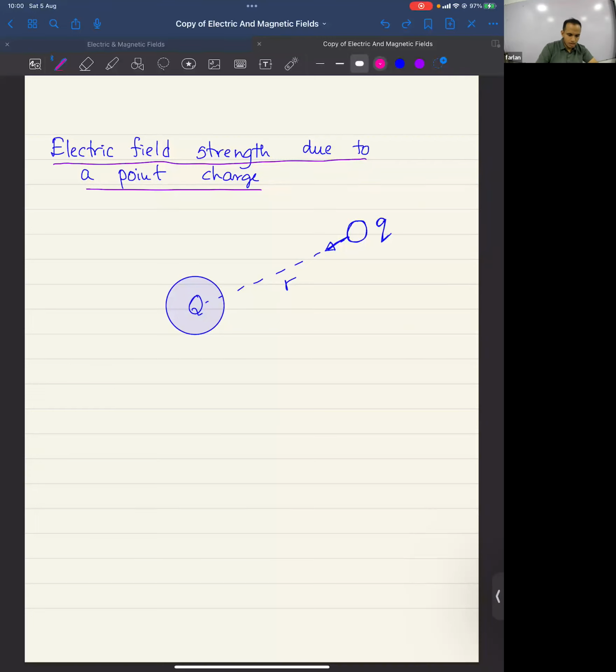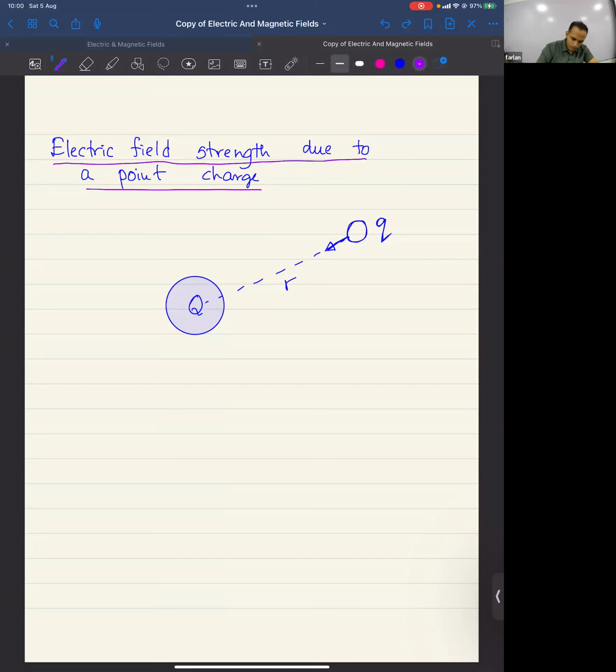Just in the diagram, I have marked it attractive, but it can be either attractive or repulsive depending on whether they are like charges or unlike charges. So now I'm going to come up with an expression, an equation for the electric field strength at a distance r from a point charge Q. From a point charge Q at a distance r, what will be the electric field strength?